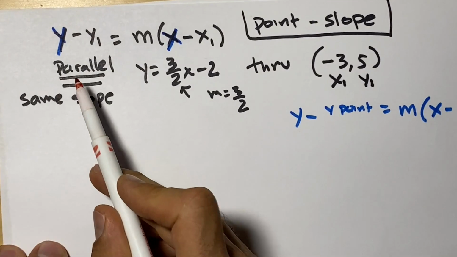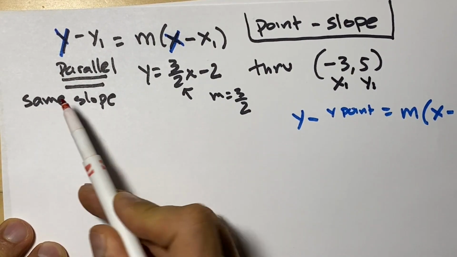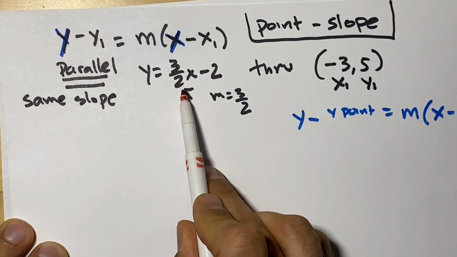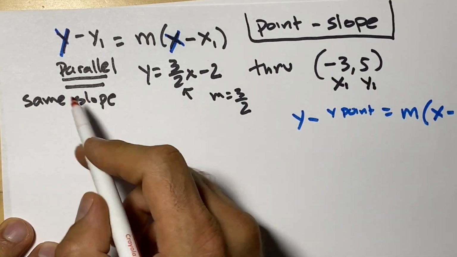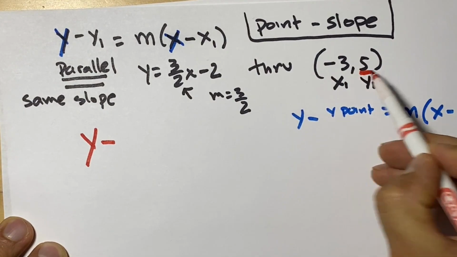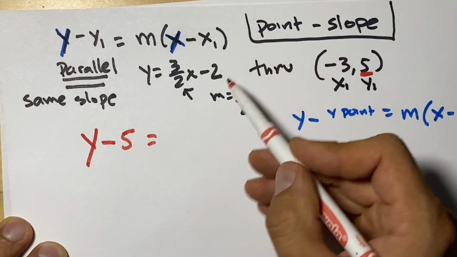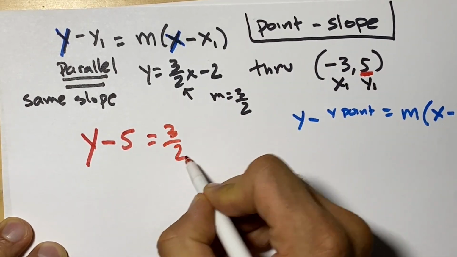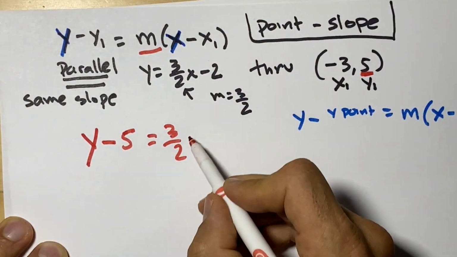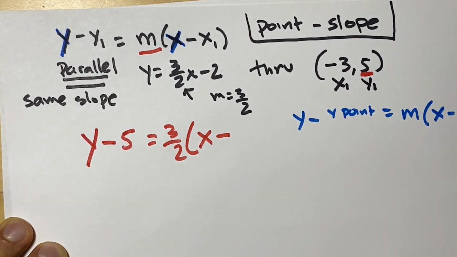If we're going to do an equation parallel, we're going to use the same slope. So the slope will be 3/2. So we're going to say y minus the y point, minus 5, equals the slope, 3/2, remember m is slope, times x minus the x point.